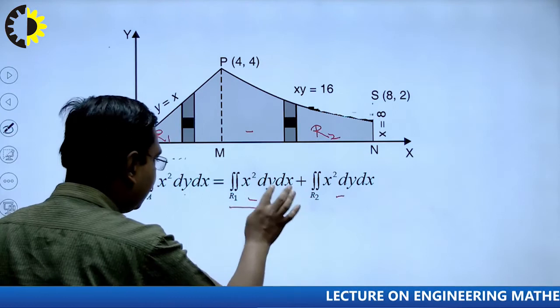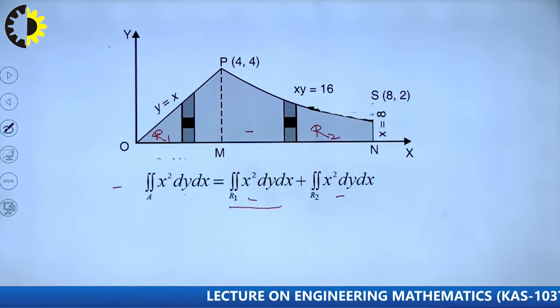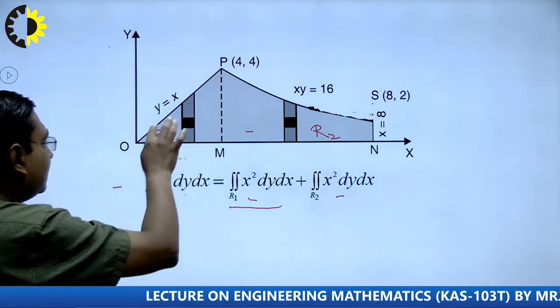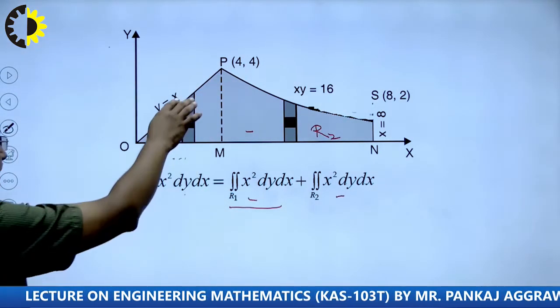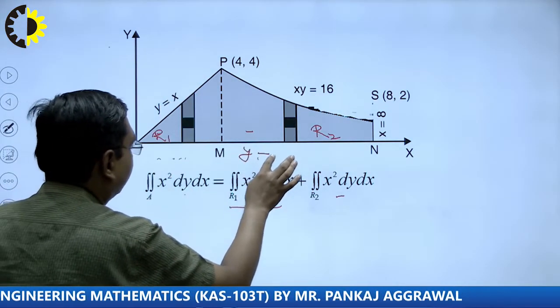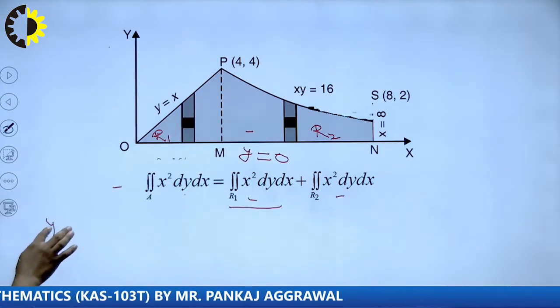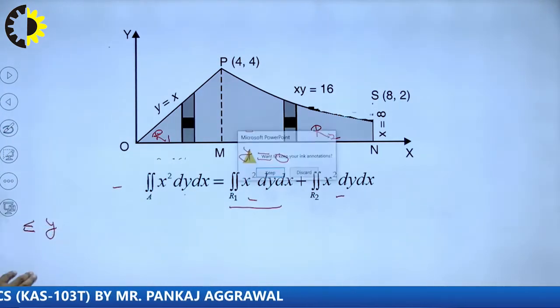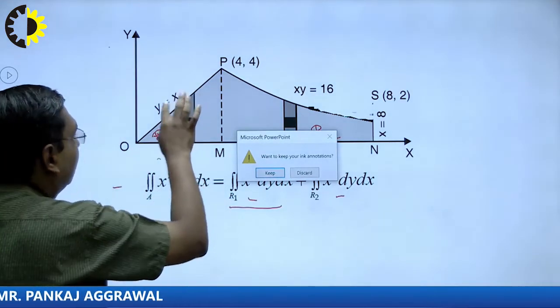For this region R1, what will be the limits of x and y? Let us see. I divide this region R1 into vertical slices. For this vertical slice, the lowest point is lying on the x axis. Therefore, the limits of y will be from 0 to this x.